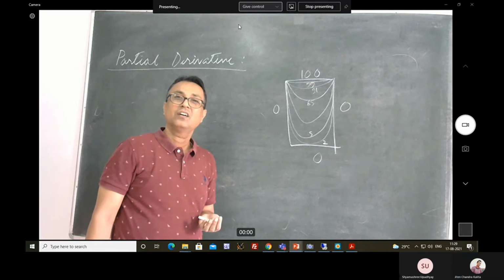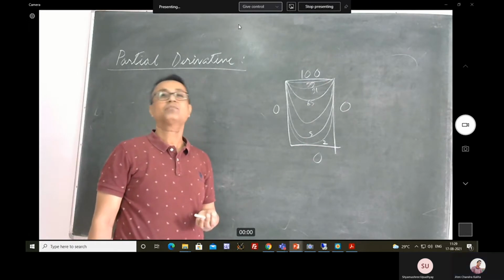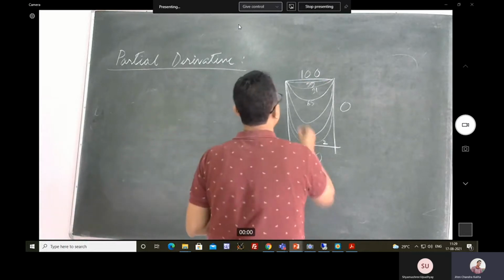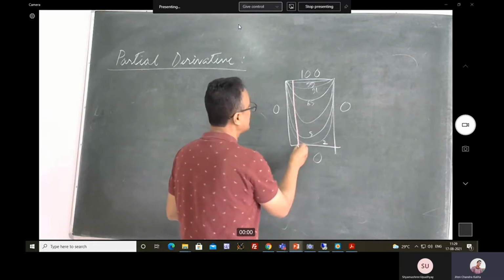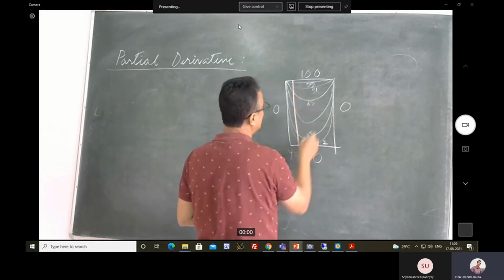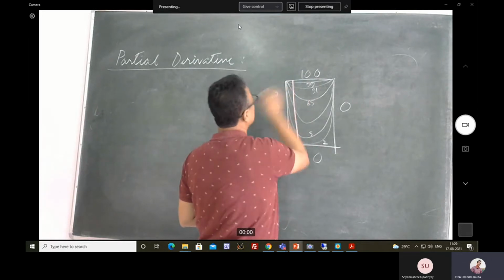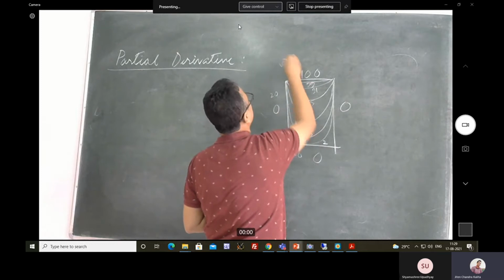But now, if I want to consider the rate of change, where am I going to consider it? I have to have some direction, isn't it? Here I may have a rate of change along this direction. Suppose the height was like 20 centimeters, and this is maybe 10 centimeters.